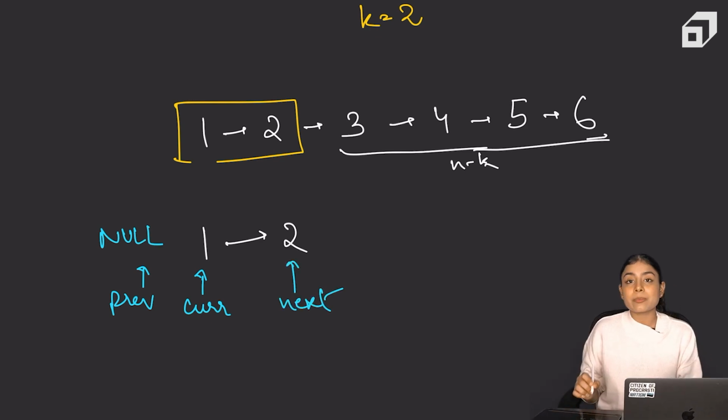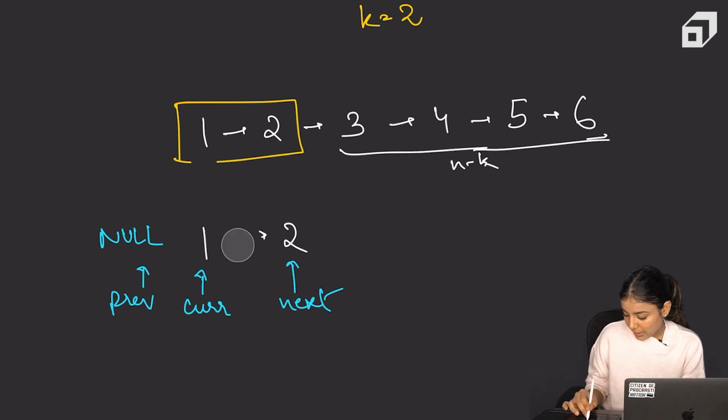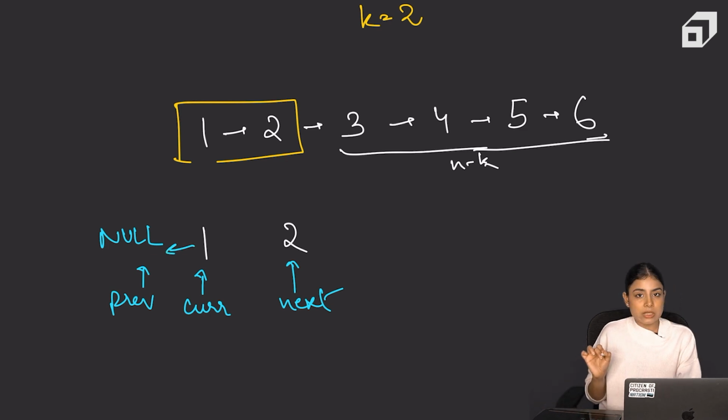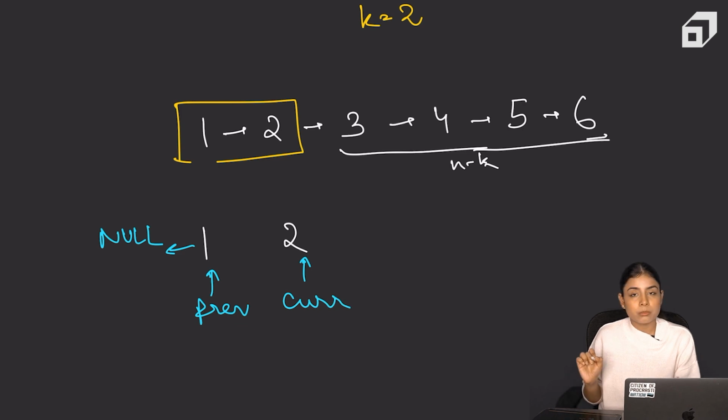So now the first step is to change the link between current and previous to reverse it. So I'll make the current's next point to null. And then I move my pointers ahead. My previous will come where my current was and my current will come where my next was. And where would the next go?